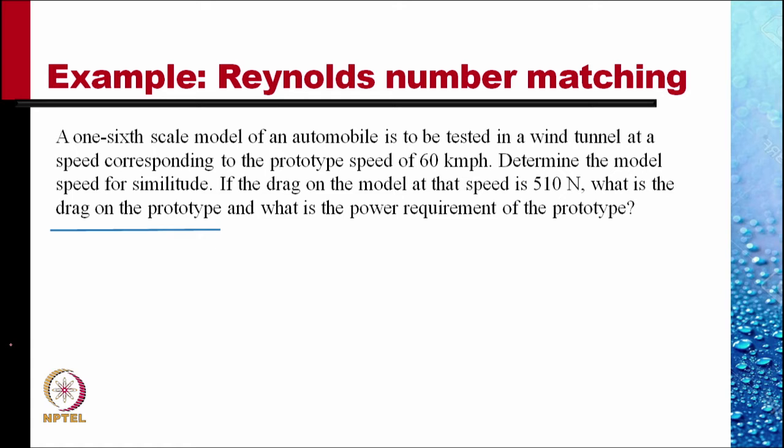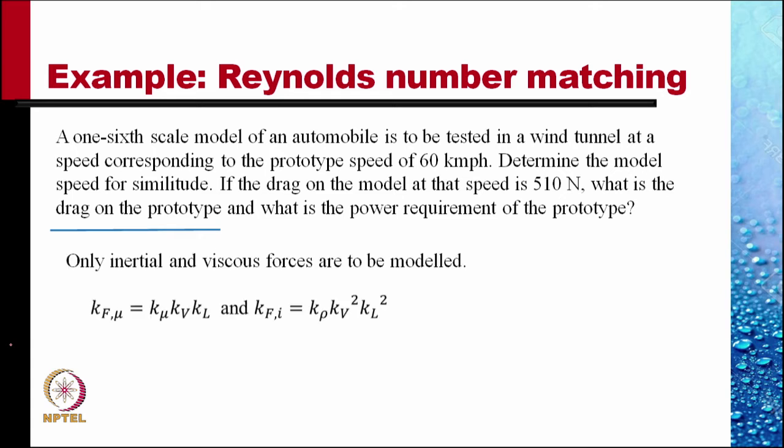In this case of an automobile moving on the road or as tested in a wind tunnel, the only forces of importance are the inertial and the viscous forces, and they need to be modeled. As we have just seen, Kf mu, the viscous force scale factor, is K mu Kv Kl, and the inertial force scale factor is K rho Kv squared Kl squared, just obtained.